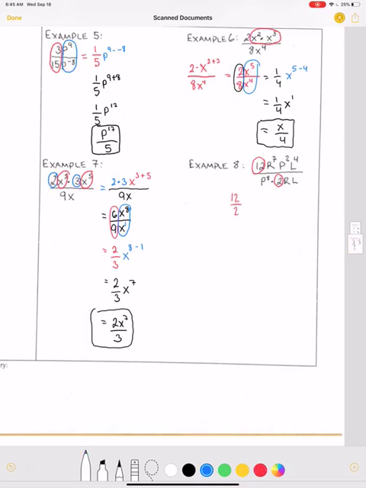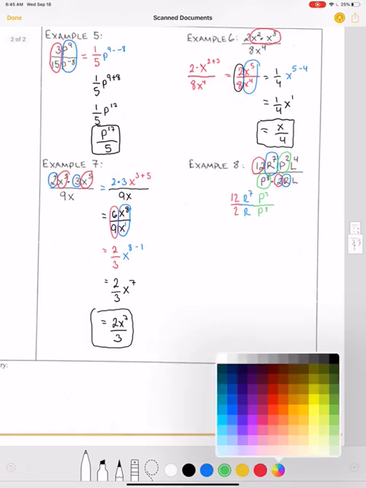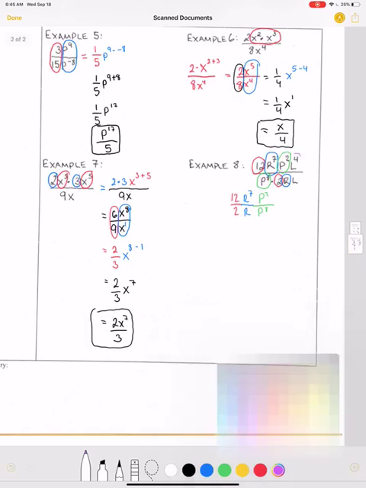And I have r to the 7th over r. I have p squared over p to the 8th. And then I have L to the power of 4 over L.